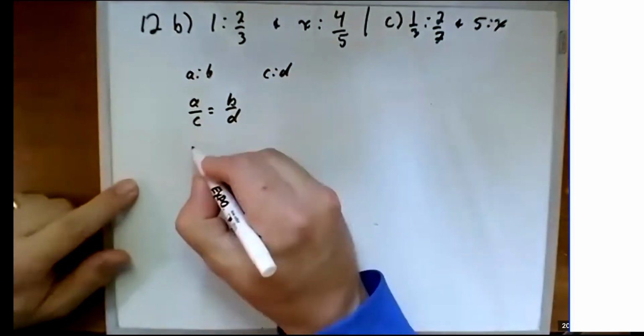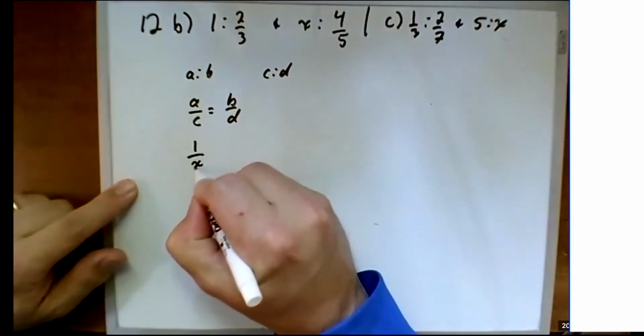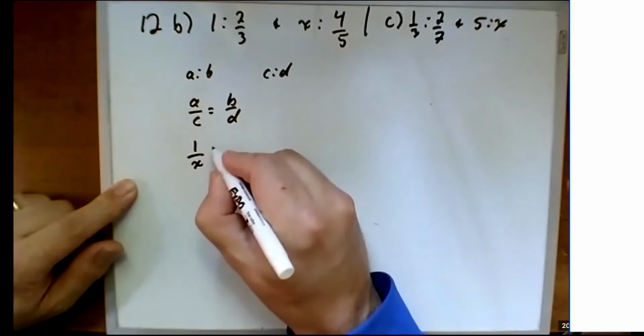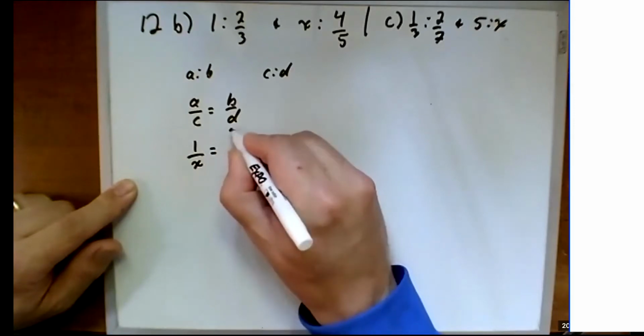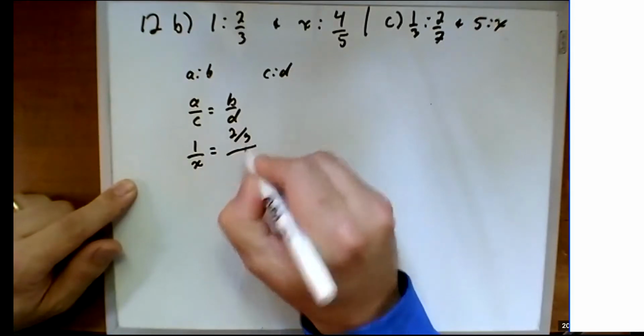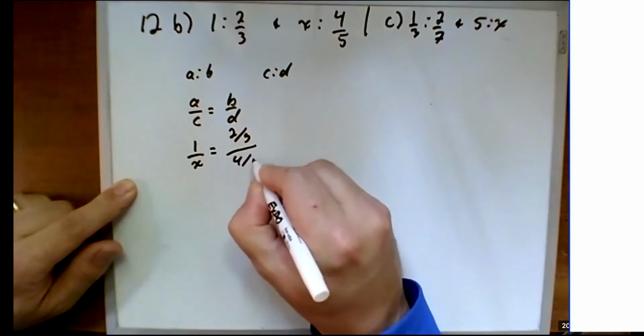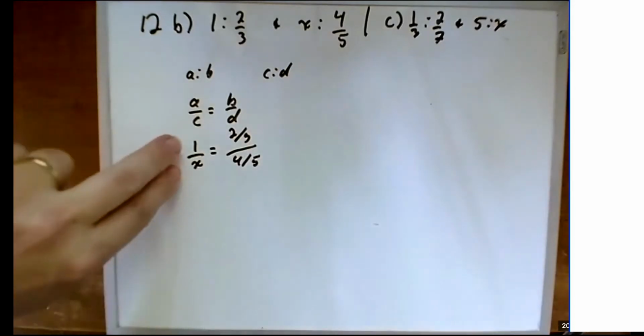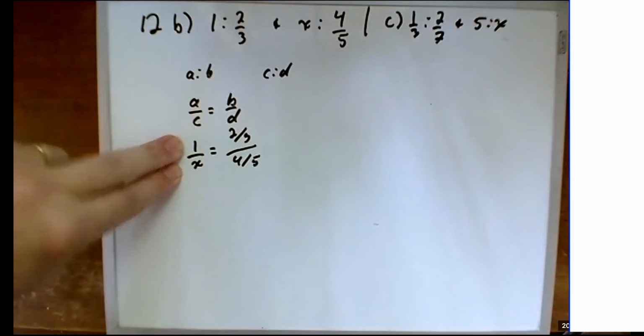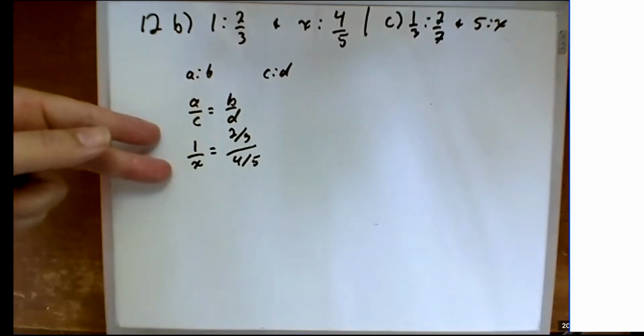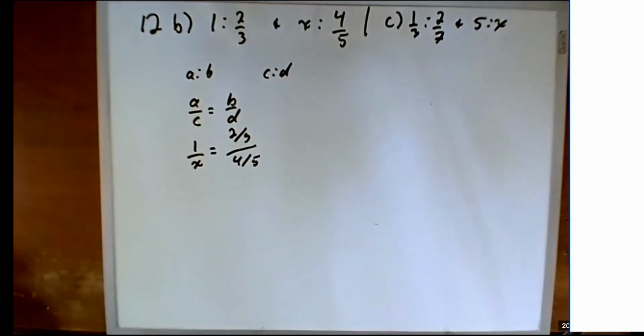What I'm going to end up doing the way this is asking for it right now, it would say that 1 over x would be equal to 2/3 over 4/5. What I'm going to do to make my life easy is I'm going to take this whole thing and I'm going to flip it over, okay? Because it means the exact same thing.